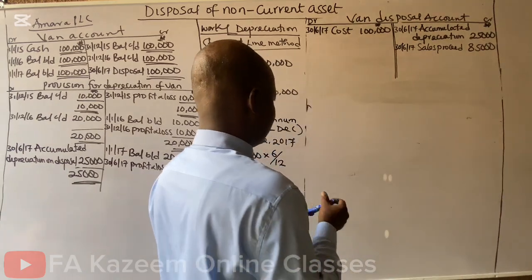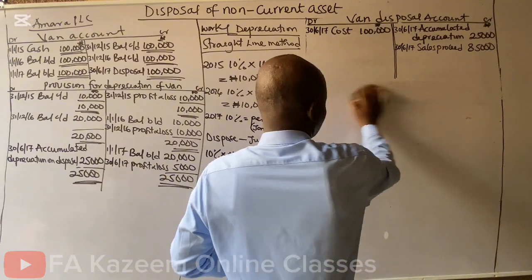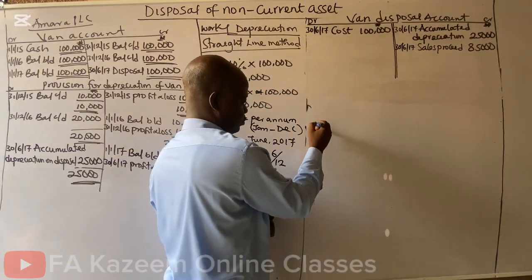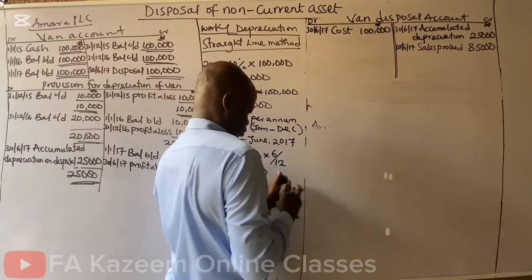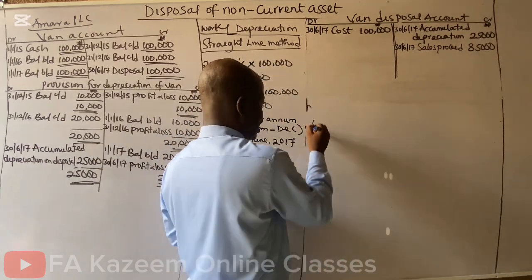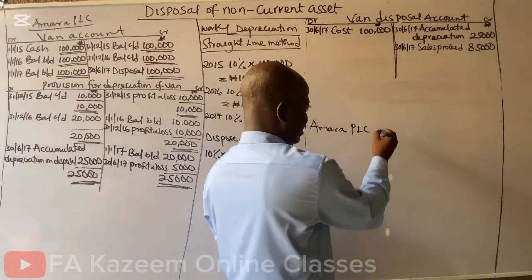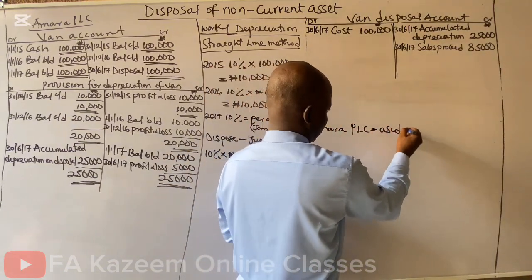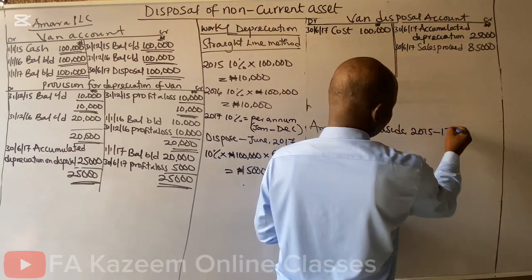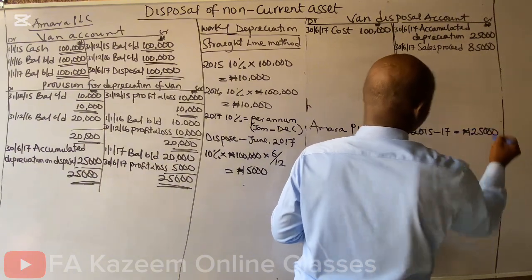This is it. Amara PLC, in practice, set aside from 2015 to 2017 a sum of 25,000.